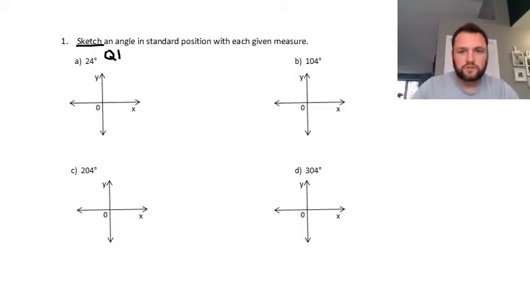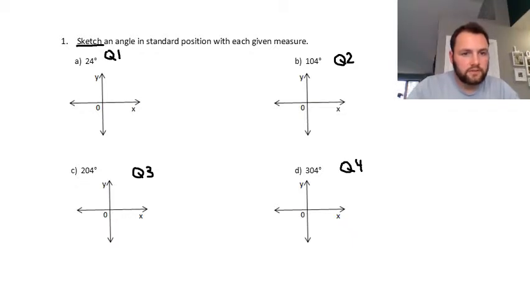B is 104 degrees. That's between 90 and 180, so that's going to be in quadrant 2. 204 degrees is between 180 and 270, so that one's going to be in quadrant 3. 304 degrees is between 270 and 360, so it's going to be in quadrant 4.